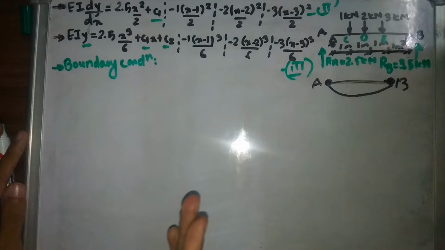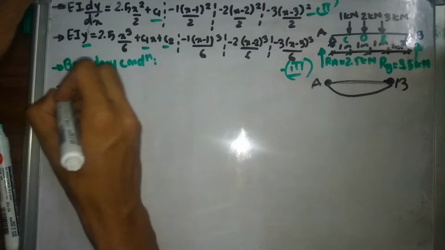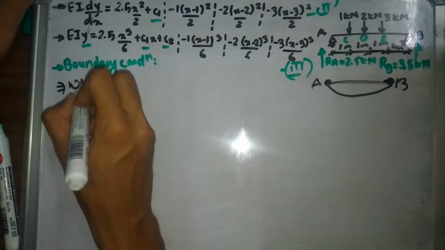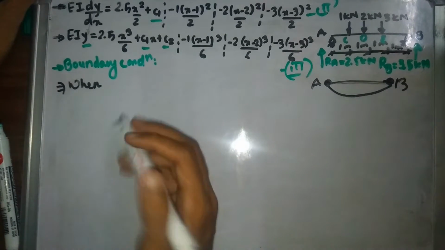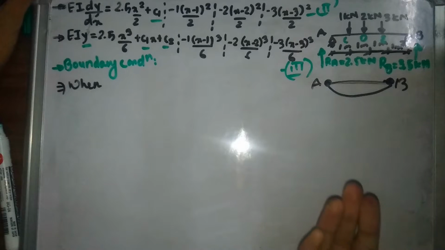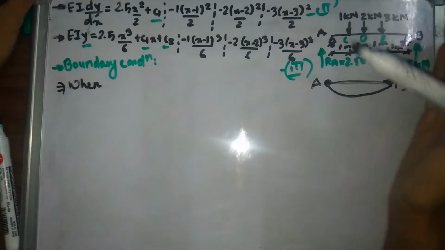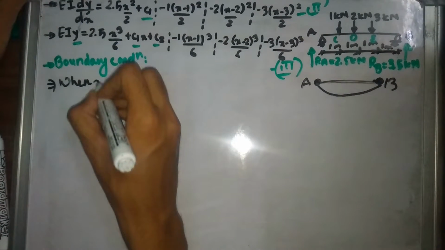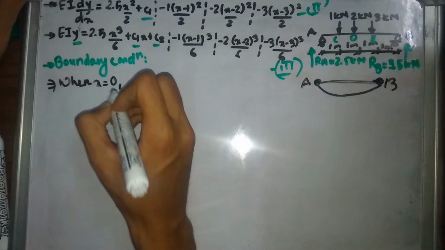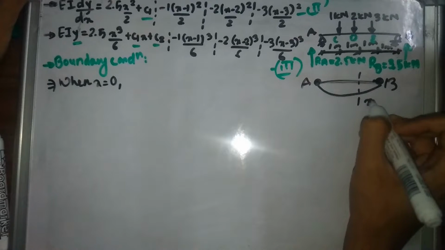So whenever our deflection is going to be 0, we're going to use those conditions. So when is our deflection going to be 0? As you can see here, in our right term we have x. So our equation is basically expressed in terms of x. Our x was a certain section, so we can move that section left or right. As you can see here, when x equals 0, we are at A. Right now we are not taking any section, so our section was like this: x.